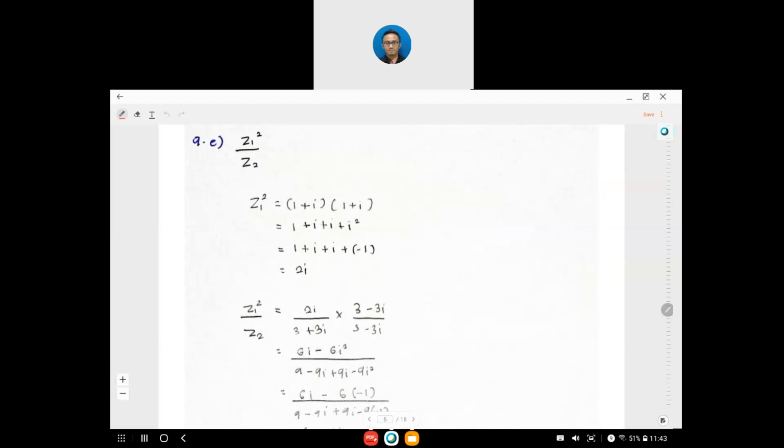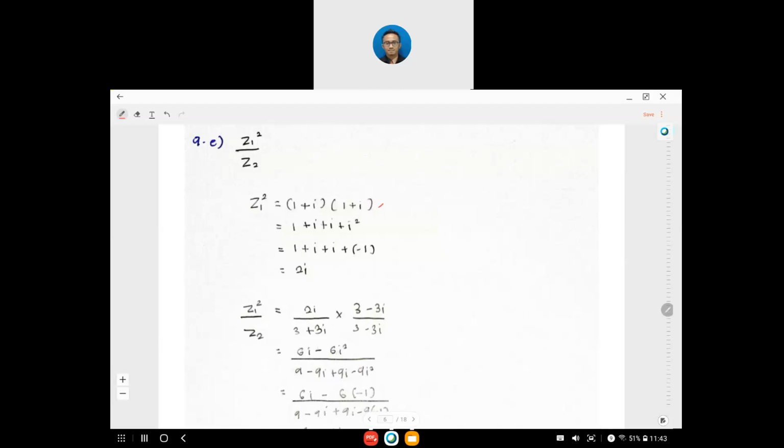9E is Z1 square divided by Z2. Okay, so Z1 square, your friend expand first. 1 plus Z1.